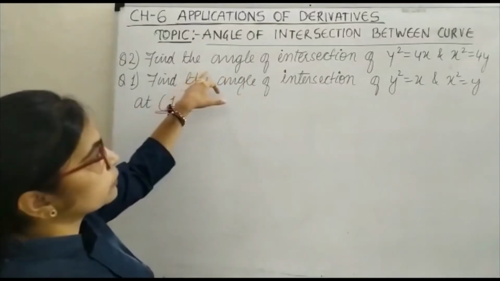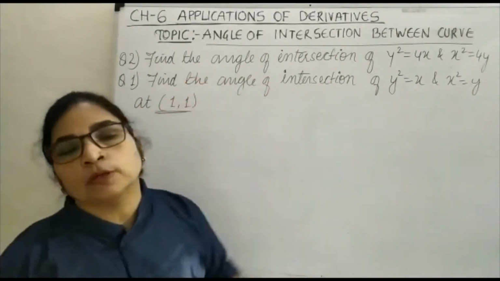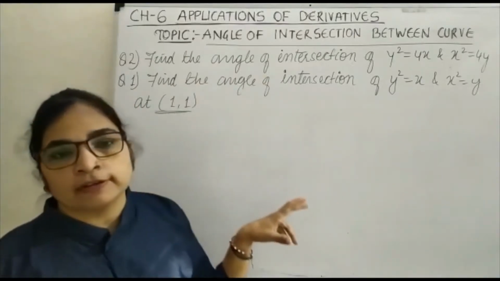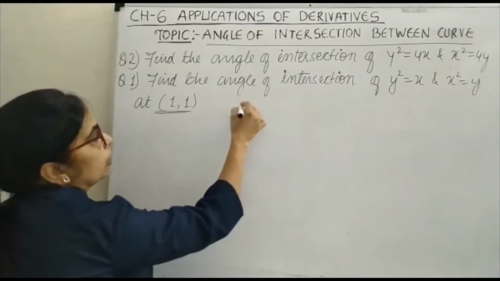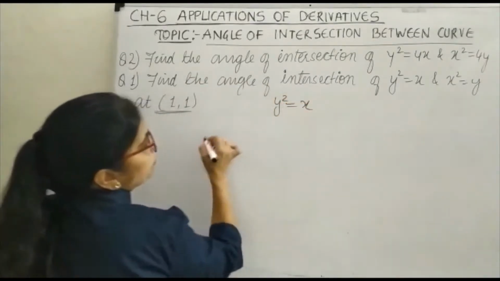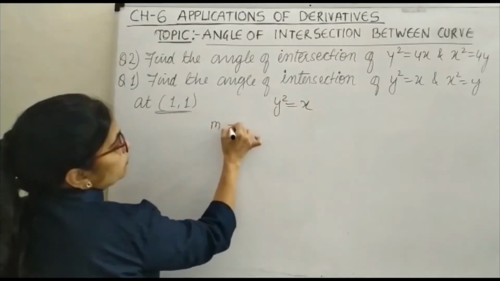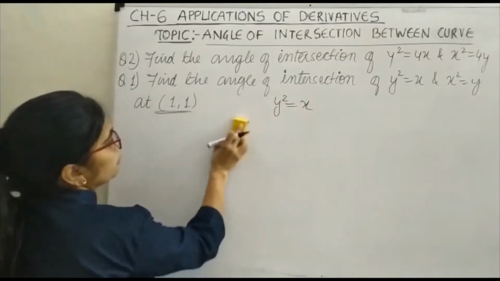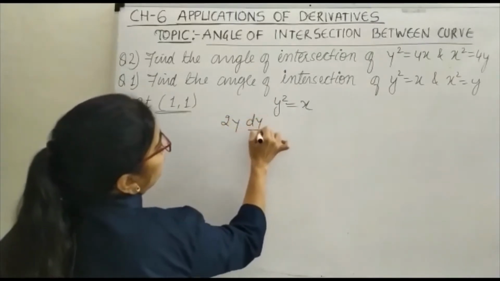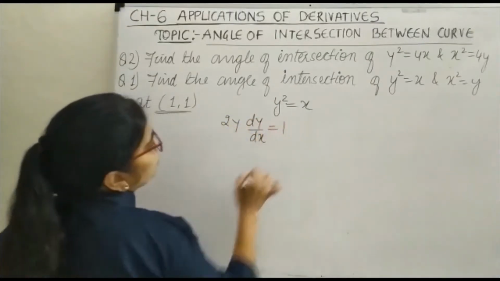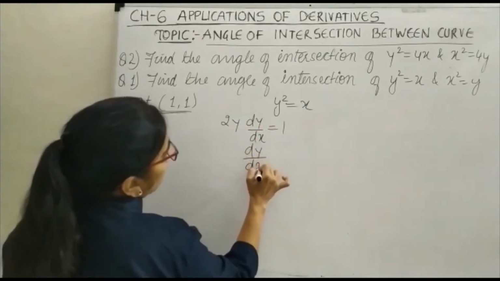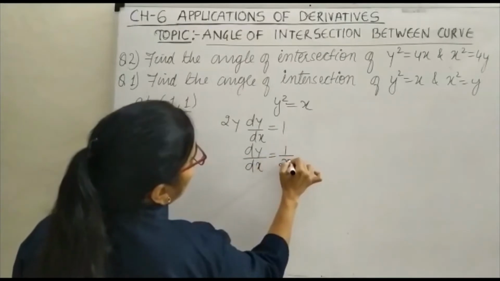In the second question you can see we are only given the two curves, the point of intersection is not given, but in question number 1 the point of intersection is given. So our first curve is y square is equal to x. Find out m1. First differentiate: 2y dy upon dx is equal to 1, and from here dy upon dx is equal to 1 upon 2y.